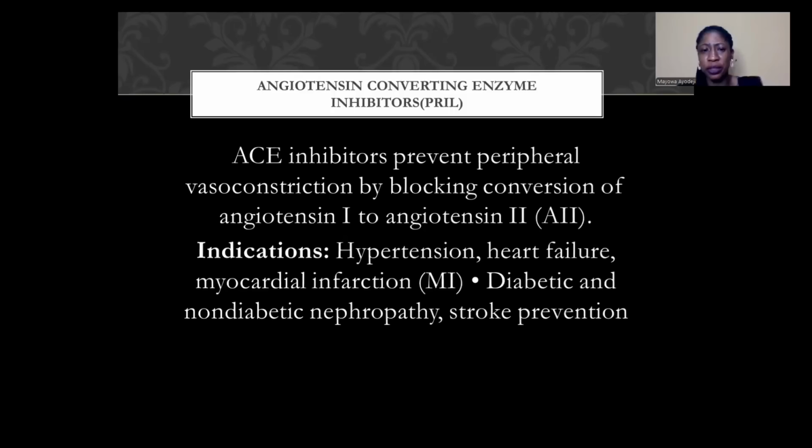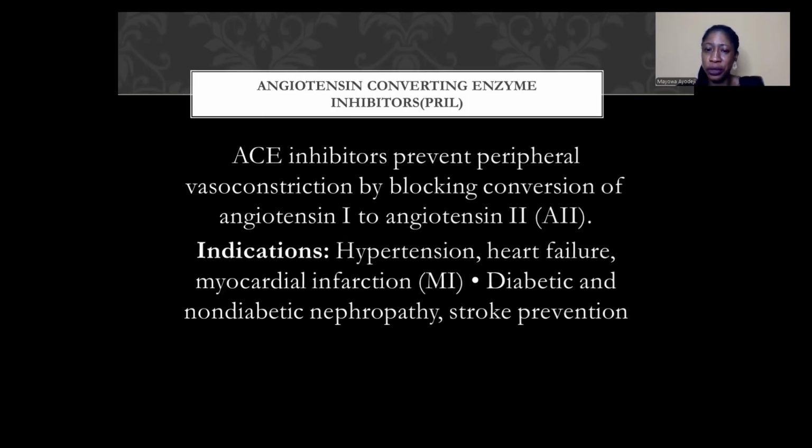Definitely we have vasodilation, because the work of angiotensin 2 is to cause vasoconstriction. So angiotensin 1 will not be converted to angiotensin 2 when you give your patient ACE inhibitors, because it will prevent it from being converted. So that's why we call it angiotensin converting enzyme inhibitor.